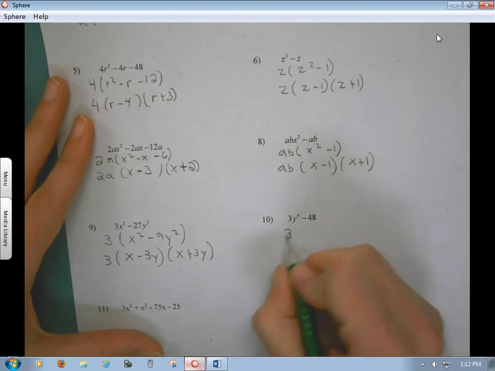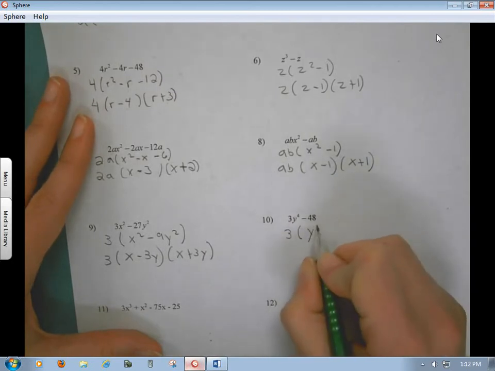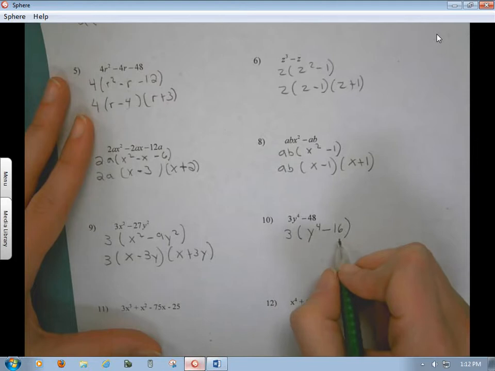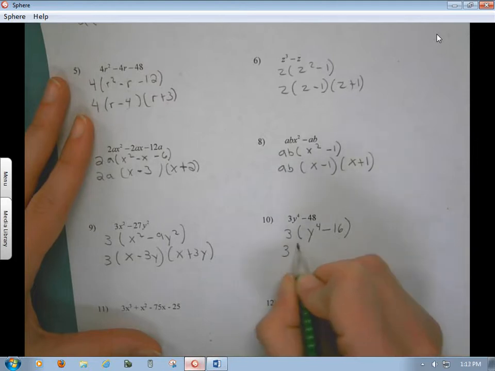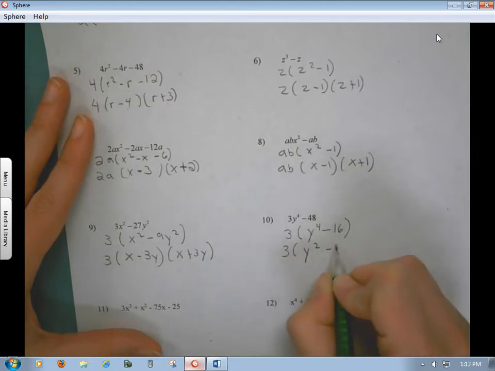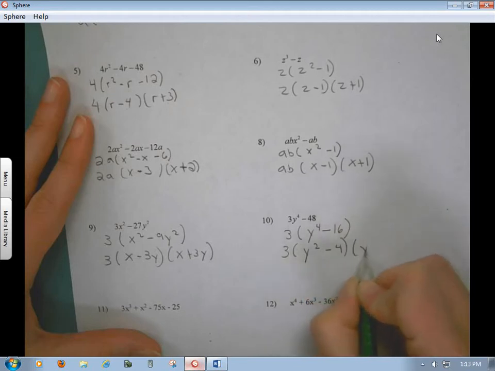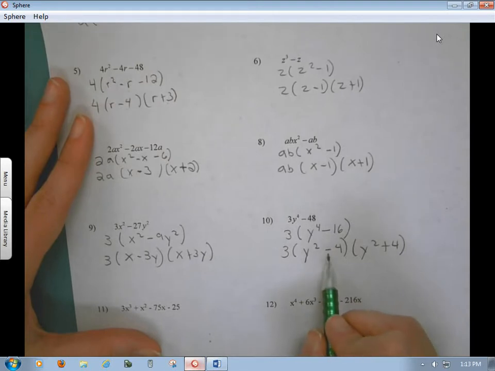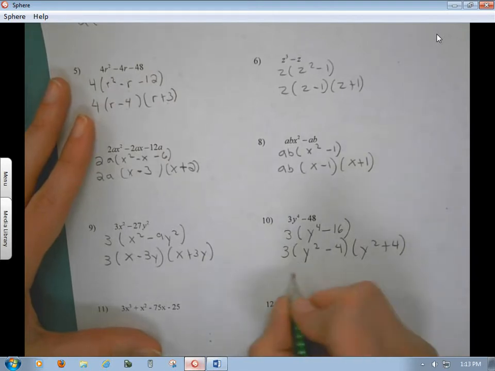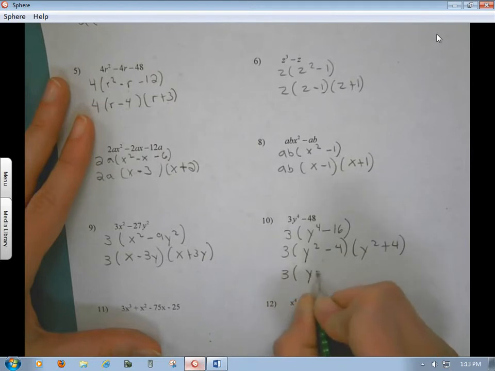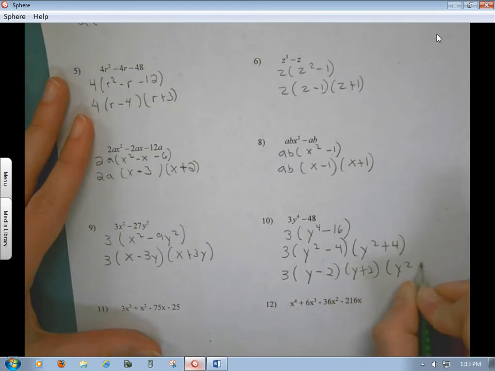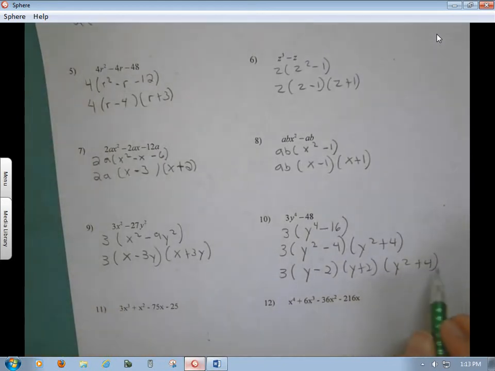Pull out a GCF here, and then you're going to get y squared minus 4 and y squared plus 4. This is still the difference of 2 squares. So 3y minus 2, y plus 2, y squared plus 4. Don't factor this one because it's not the difference, it's the sum.